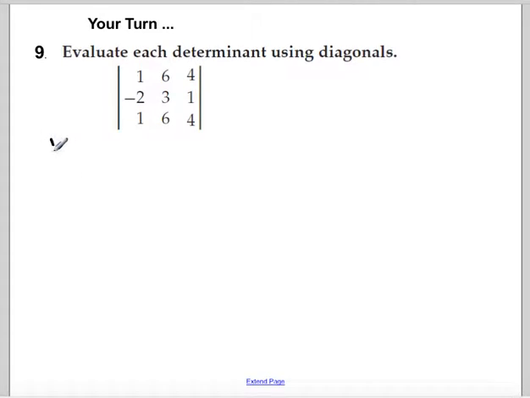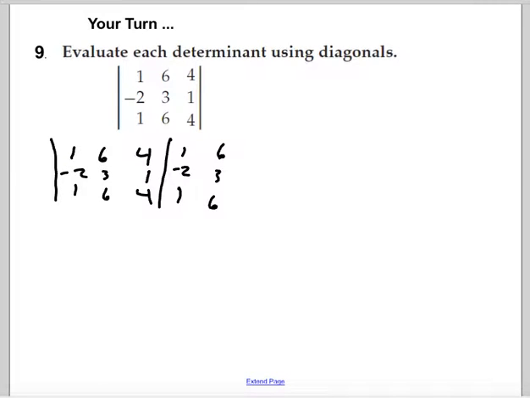Alright, so now let's go through the result. So you got 1, 6, 4, negative 2, 3, 1, 1, 6, 4, column 1, column 2.